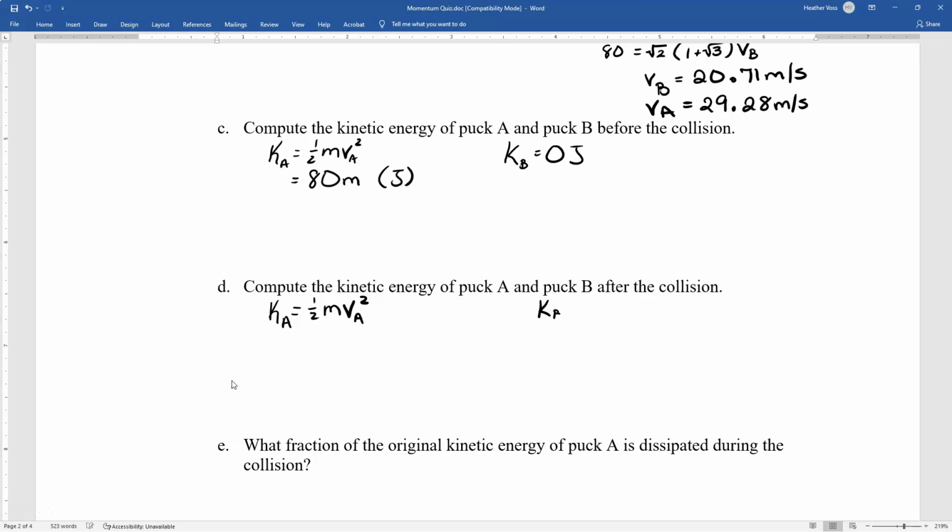Kinetic energy of B is going to be 1/2 mass, velocity of B squared. So velocity of A is 29.8. I'm going to square that, and divide that by 2. So that's going to be about 428.72 times the mass.